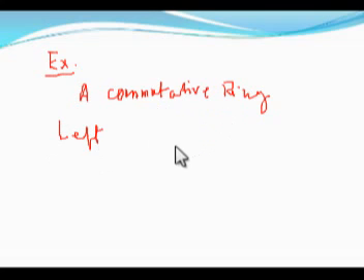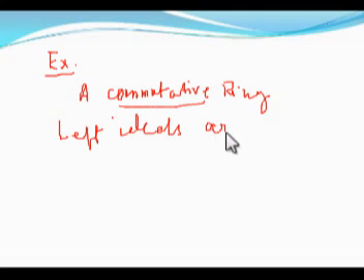So for a commutative ring, we can say that there will be an ideal. Otherwise, for other rings, there will certainly be either a left ideal or a right ideal. But in a commutative ring, all the left ideals are also right ideals.